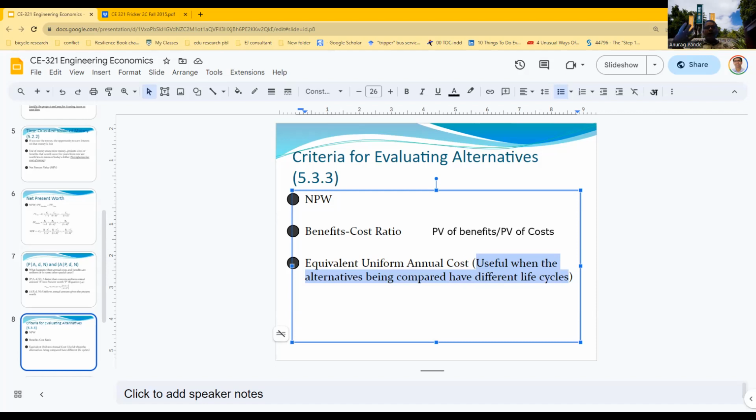If you buy a new car, it'll obviously have a higher cost at the beginning, right? You might have to pay more, but then it lasts longer. If you buy a used car, there's a good chance it doesn't last as long as a new car. But if you make the decision based on present value, it'll always take you towards the used car.